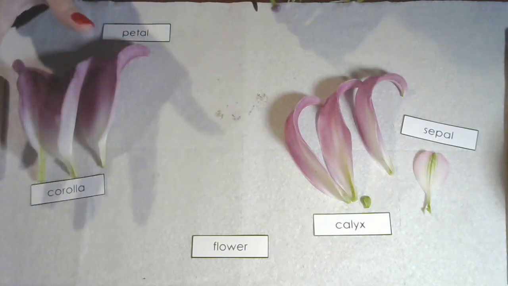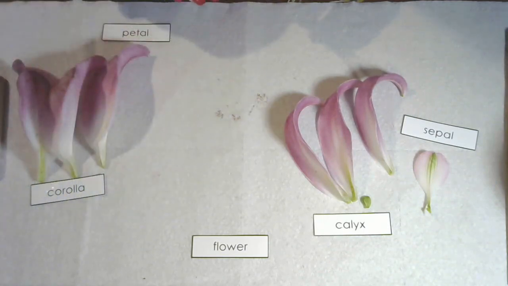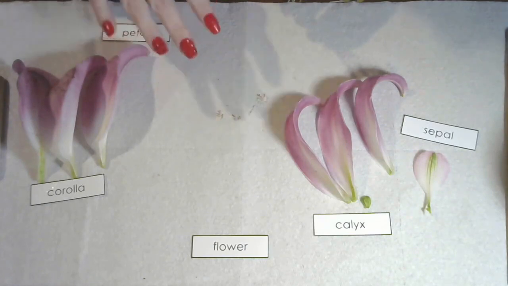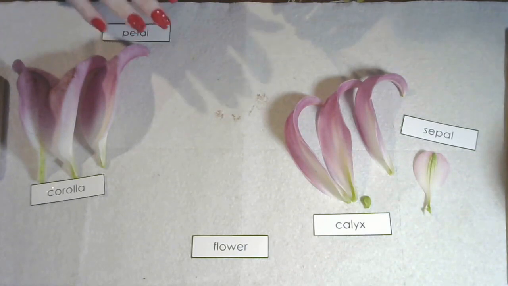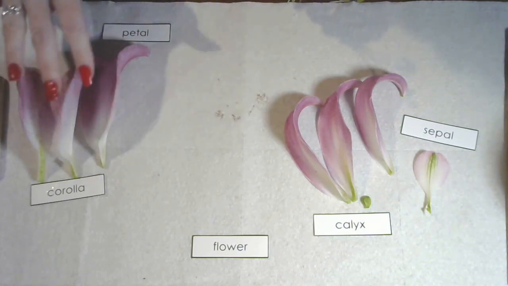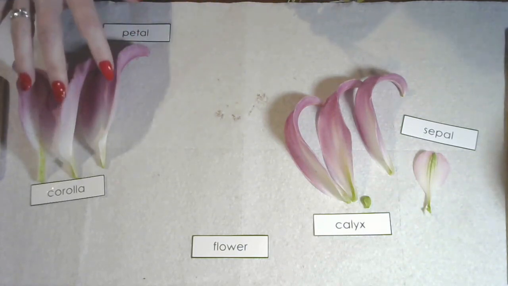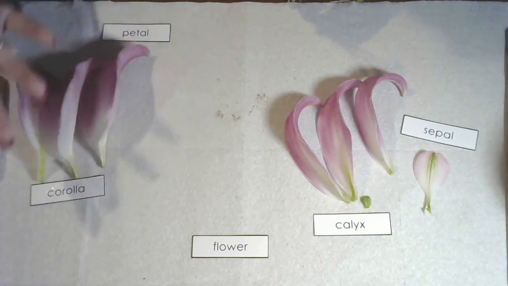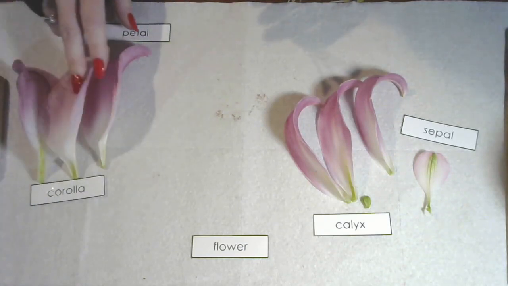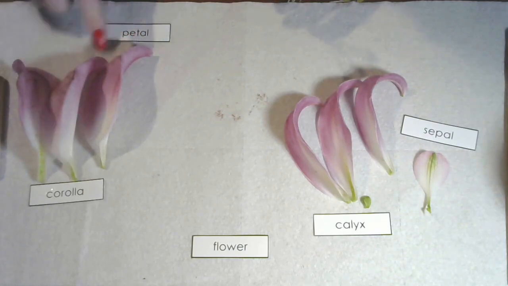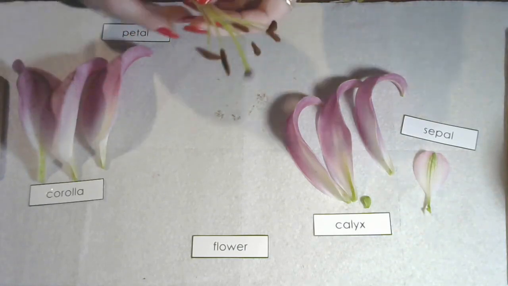I actually just read a really cool article where certain species of bats are pollinators for certain types of plants. So it's amazing. But the plant has to do this work to attract whatever pollinators they can, and they do that with their petals that make up the corolla.